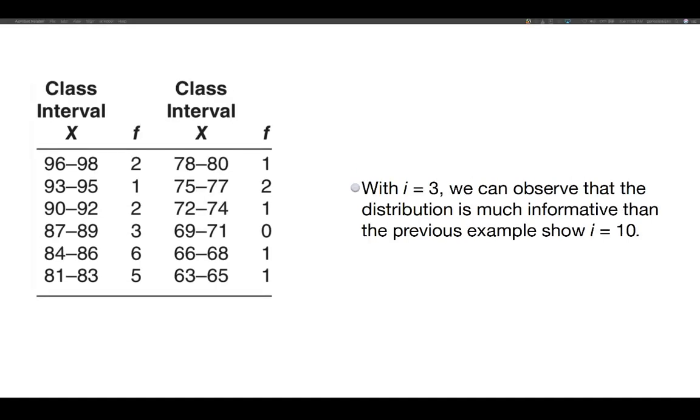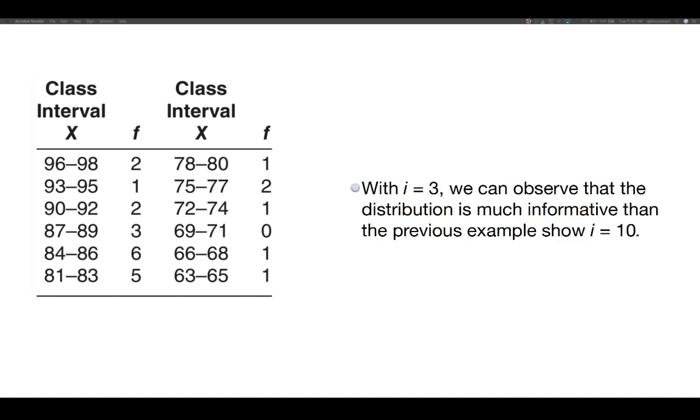In this example table, to have class intervals between 10 and 20, one would need to group the intervals with interval widths of about 3 or an interval width equal to 2.